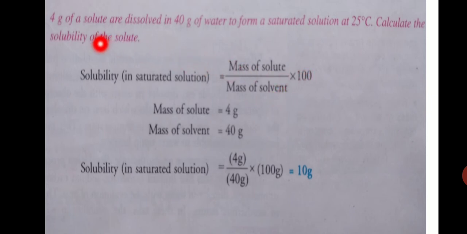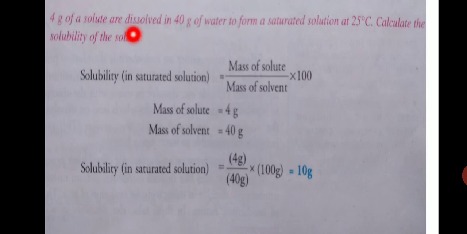So let us discuss what the given quantities in the question are. 4 gram of solute. Any solute that we don't know, it is not given, but the quantity is given. So first of all we write mass of the solute is equal to 4 gram.